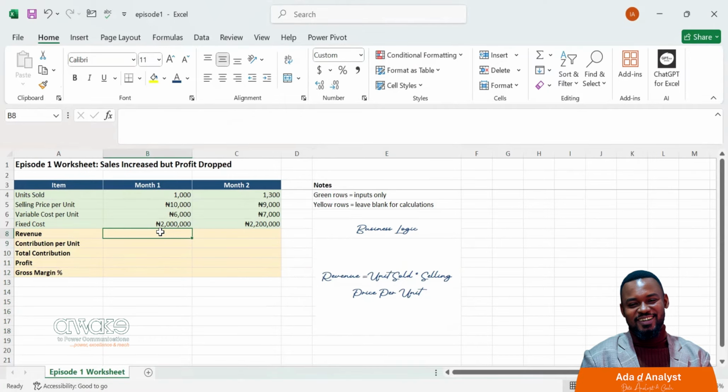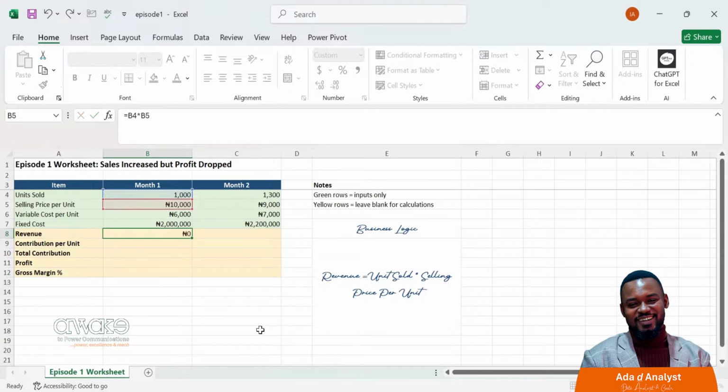So to calculate the revenue for month 1, we say revenue equals units sold. Our units sold for month 1 is here, so we can just click on it. Then hold down Shift and 8 to enter an asterisk, which represents multiplication. We are multiplying units sold by selling price per unit, right?